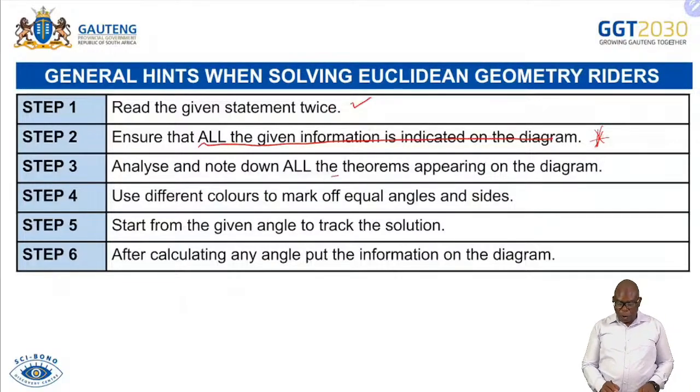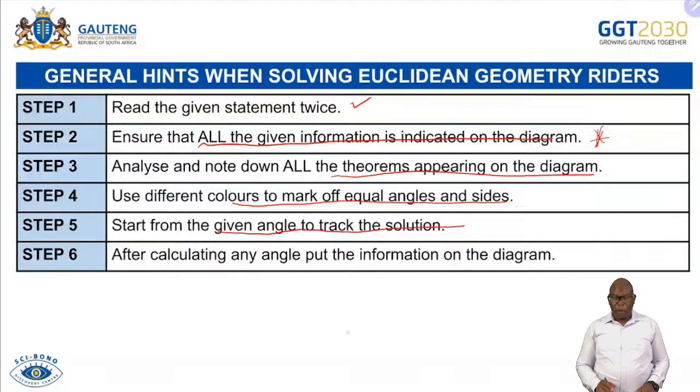Analyze and note down all the theorems appearing in the diagram. Use different colors to mark off equal angles and sides. Start from the given angle to track the solution. And after calculating any angle, put the information on the diagram, because then it assists you in getting the other angles in that sketch.